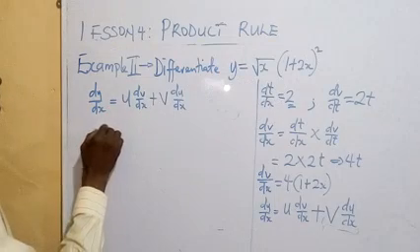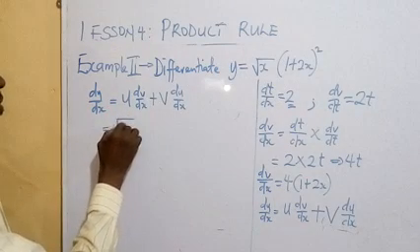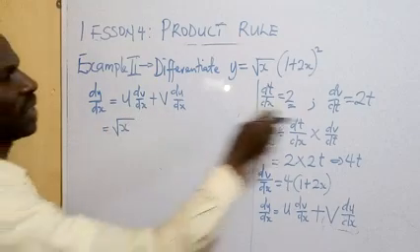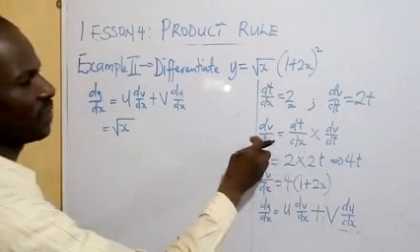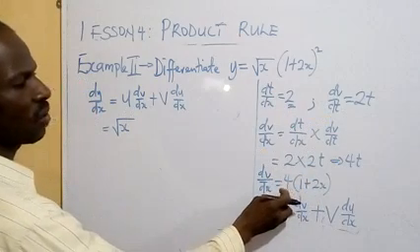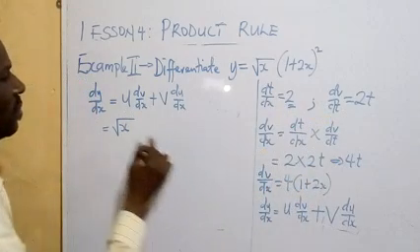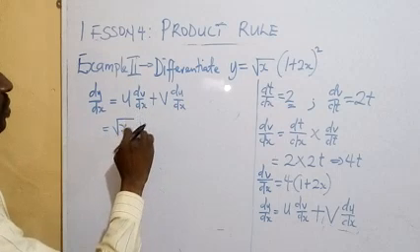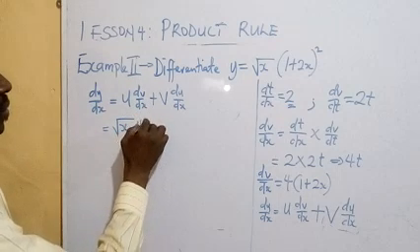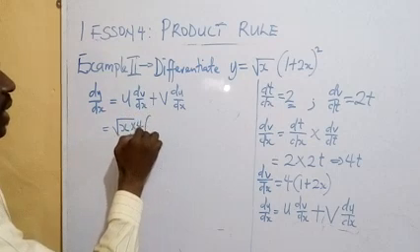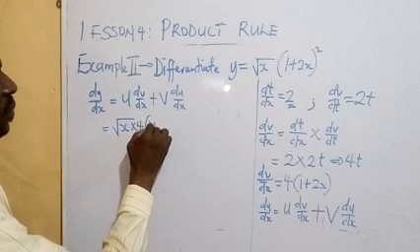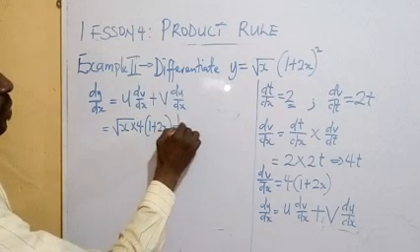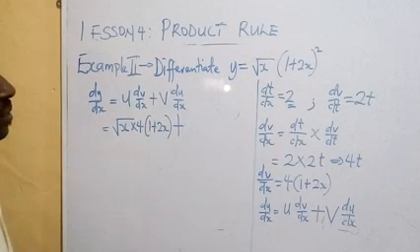Our u is root x, dv/dx is 4 times 1 plus 2x, plus, what is our v?